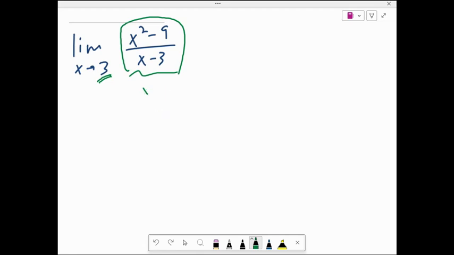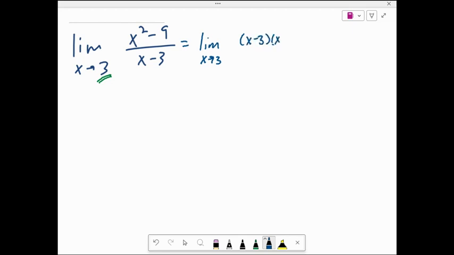We have to be a little bit clever here and see if there's something we can do with this function. Right? Well, it turns out, and it shouldn't hopefully be too hard to see, that this does factor. We could think about the numerator as being x minus 3 times x plus 3, divided by x minus 3. And then we can see that these x minus 3's divide out, and we get the limit of x plus 3 as x approaches 3.